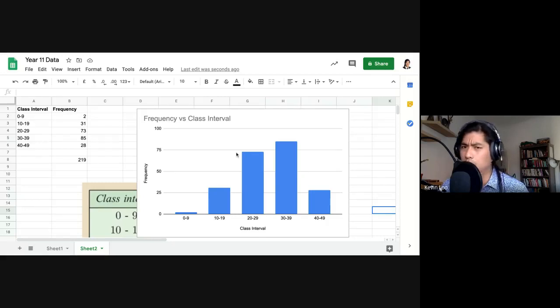I think I also talked to you about this last year, but this is a very common idea in statistics, and you'll do a lot of statistics next year in maths as well. Let's think about what's actually happening. This is an exam score, right? So very few people completely bomb the test, and let's say the test was out of 50 maybe.